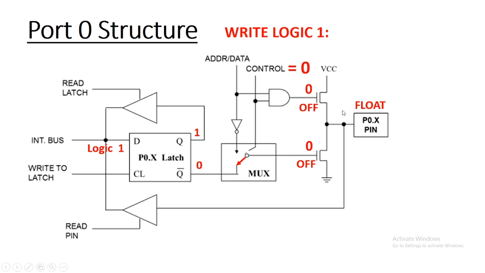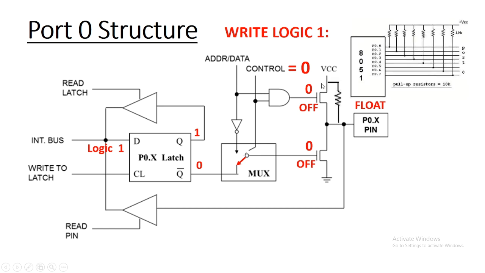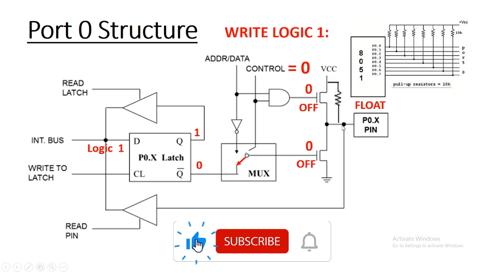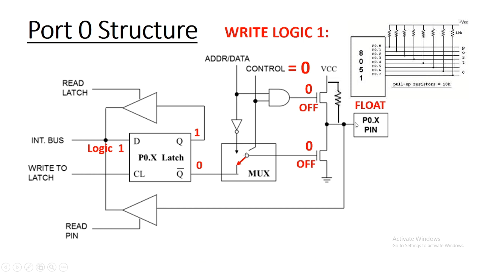It starts floating, and that's why, since port 0 does not have an internal pull-up resistor, you need to connect an external pull-up resistor of 10 kilo ohm to drive that pin. When you connect the external pull-up resistor, the output of this pin is 1 because of this VCC. So this is how all the pins have their own 10k ohm pull-up resistors connected via VCC.